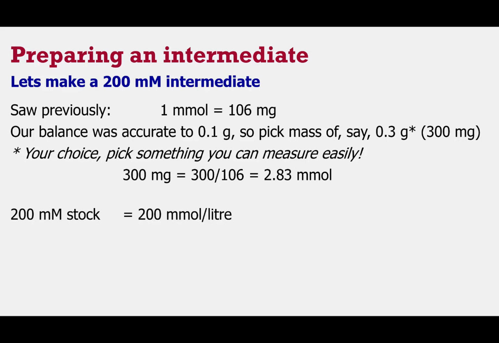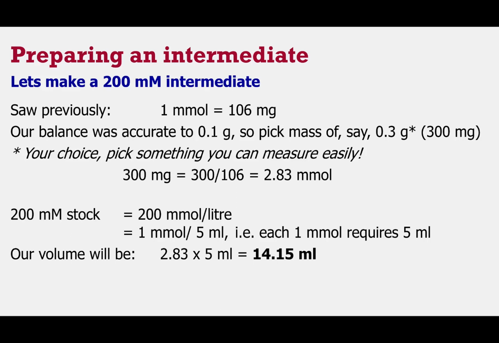Our intermediate stock that we're going to make is 200 millimolar. So that's 200 millimoles per litre. In other words, that's 1 millimole per 5 millilitres. So I know that each 1 millimole will require 5 millilitres of liquid, and we're going to need to make 2.83 millimoles.